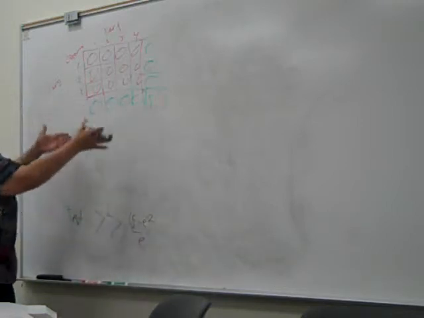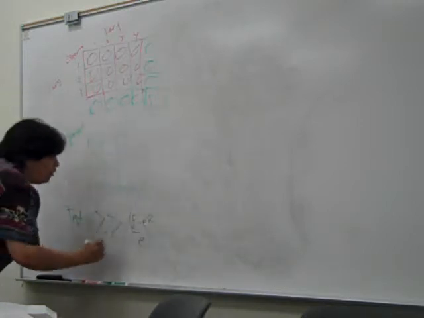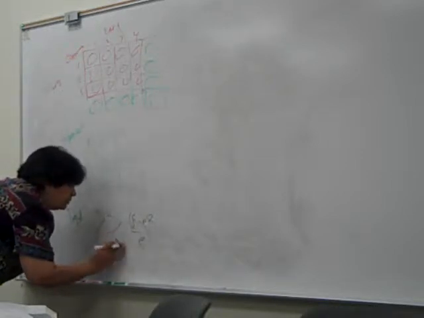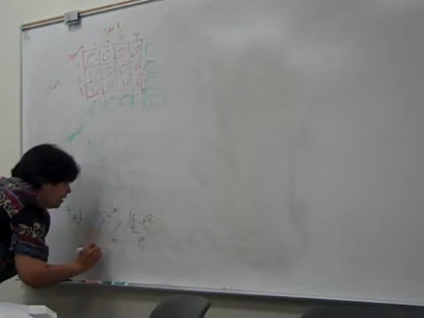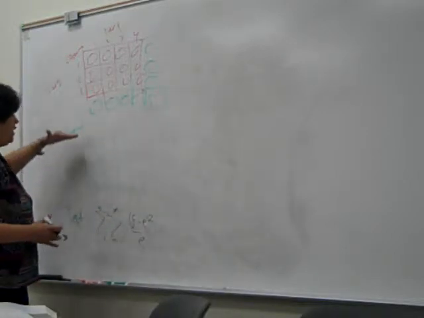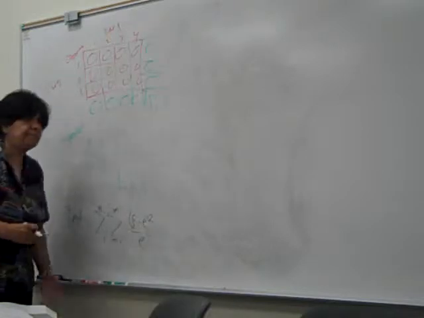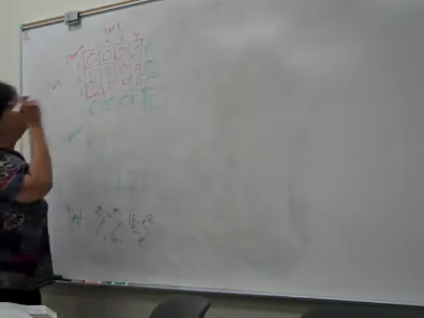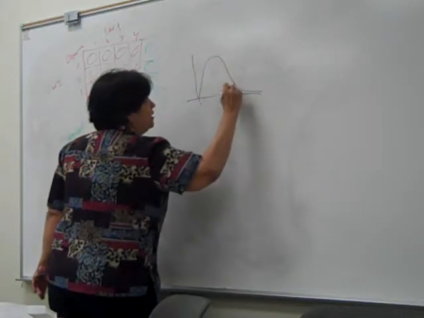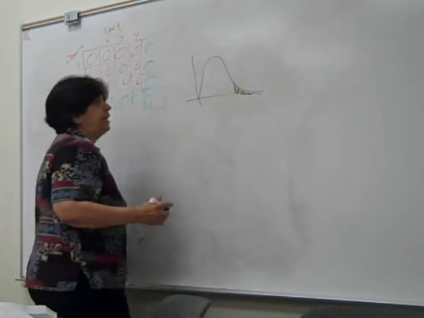Why the double summation? Because we have to go through m from 1 to m and from 1 to n, where m is the number of columns and n is the number of rows. And at the end, we are going to test again a chi-square, and this is again an upper tail test.